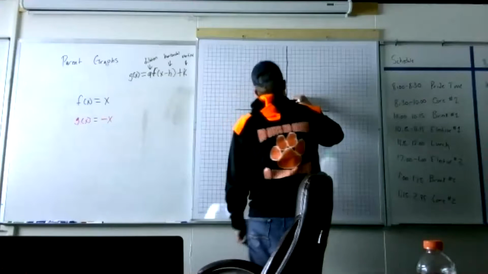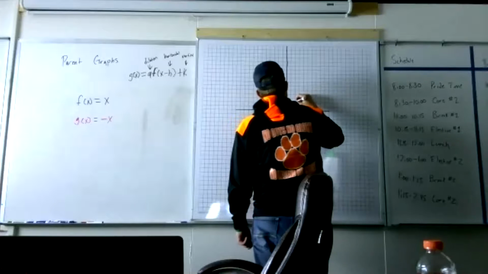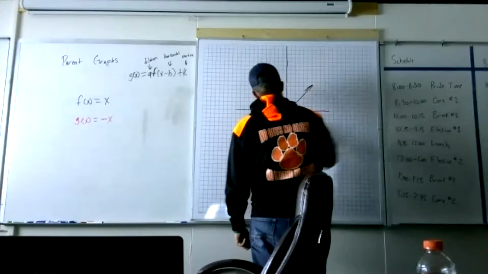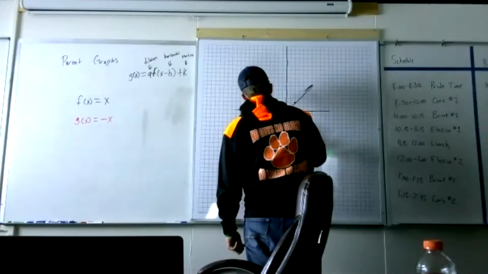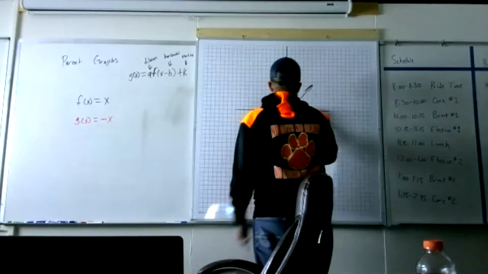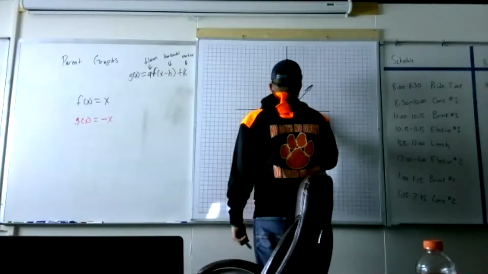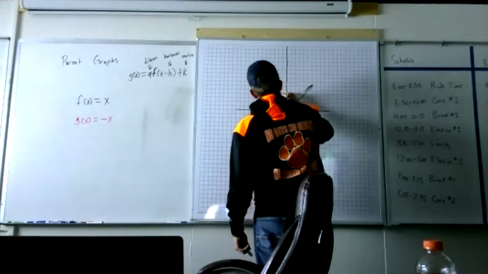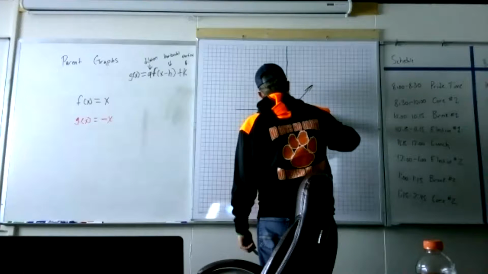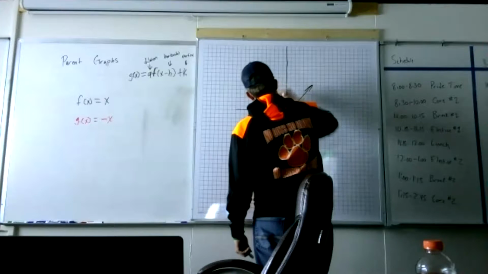Okay, so our parent graph crosses through the origin. There's no vertical or horizontal translations. There's no dilation. It's just flipped over the x-axis, like so.